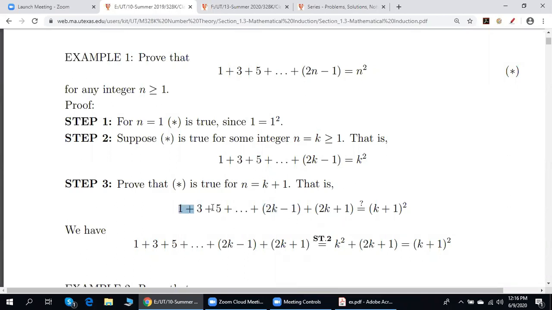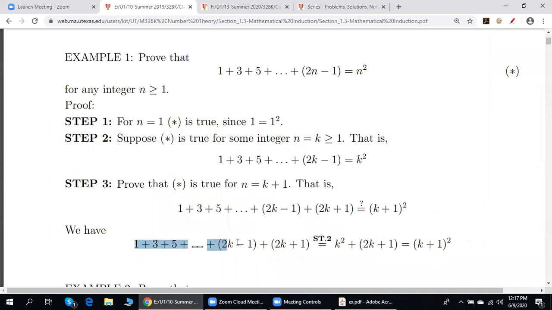Lastly, how do we prove this? We will use step 2. For convenience, let me copy this expression over here. Observe that by step 2, this, without the last term, is equal to k squared.